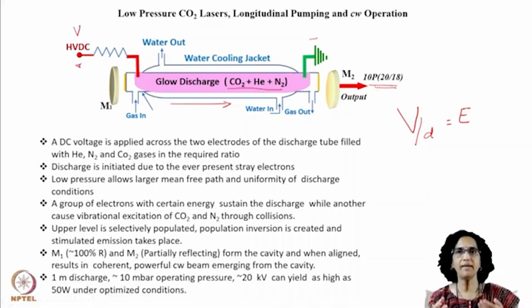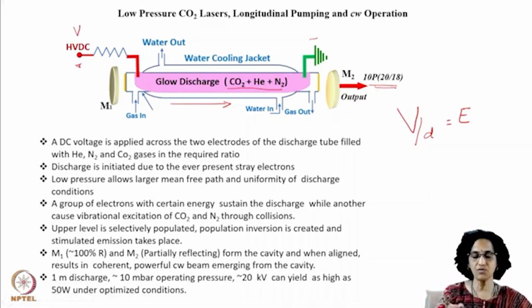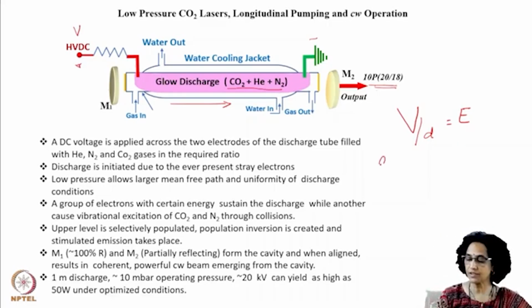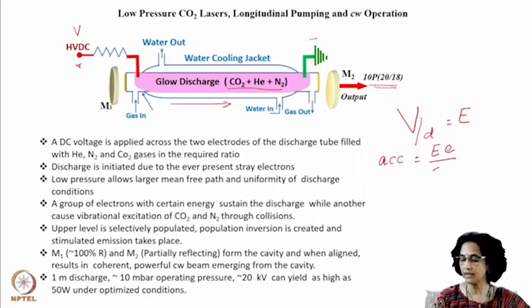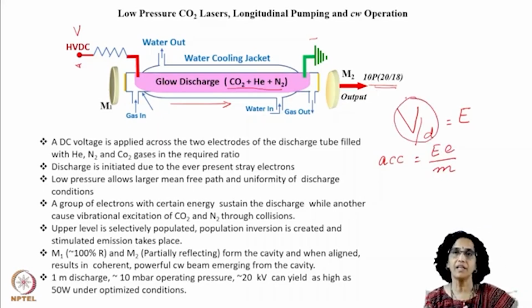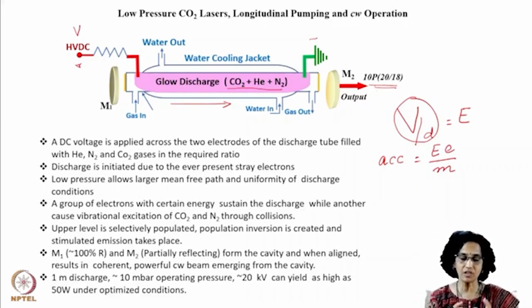Now, in any medium that we take, there are always some stray electrons. And these stray electrons, when they experience this electric field, get accelerated, and the acceleration is given by a = eE/m, where E is the electric field, which is given by V by d. So these accelerated electrons gain energy and they can cause further ionization of the species present in the gaseous medium.